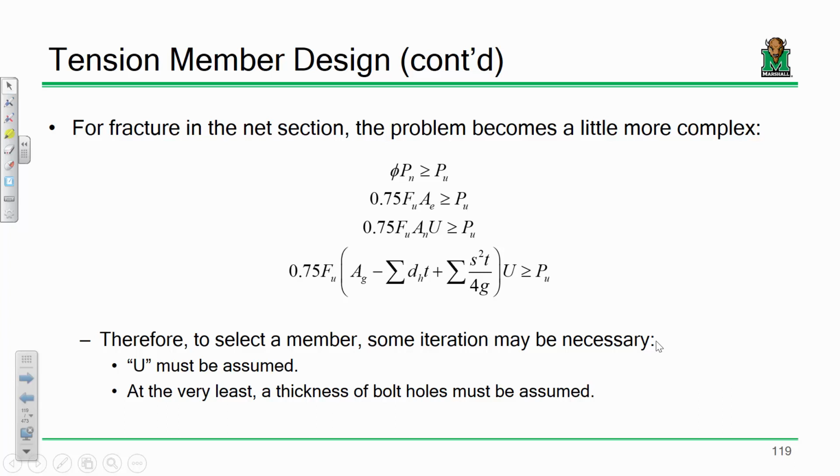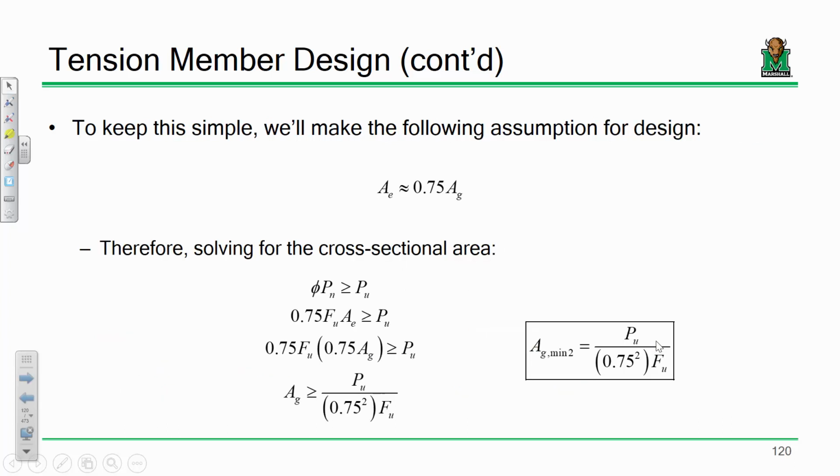That's tough. Okay? So how do I get around that? Now, if you recall, we did a little bit of a shortcut. Remember, if you open up the spec, it says it's 0.75 Fu times this effective net area. We never really use that term because all this is just the net area times U. Okay? What I'm going to do is make a blanket assumption. This is complicated and there's no way I can solve for anything, so I'm going to say that the effective net area is 0.75 times the gross area.